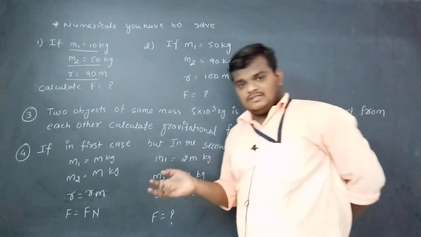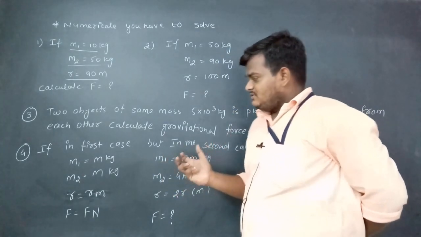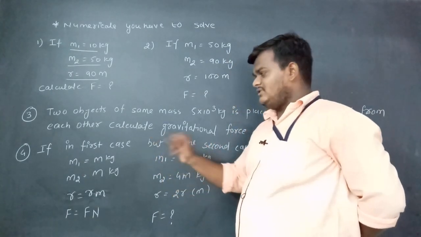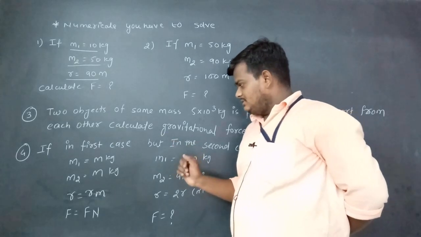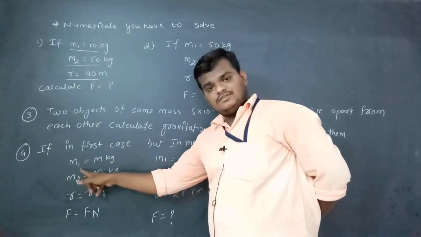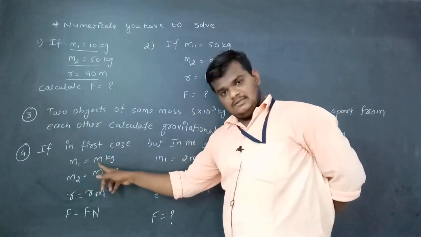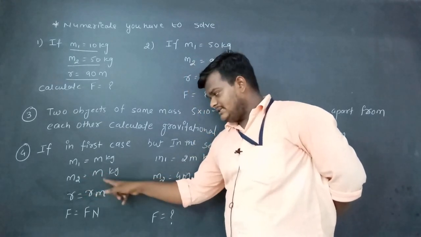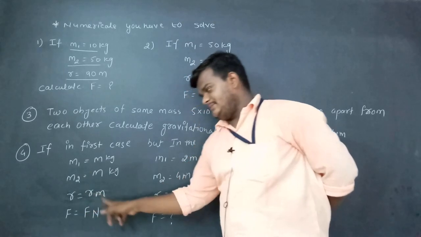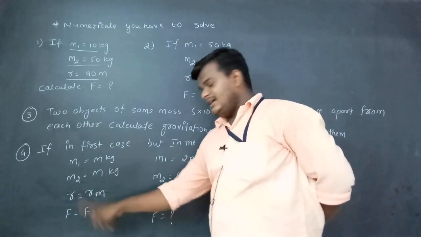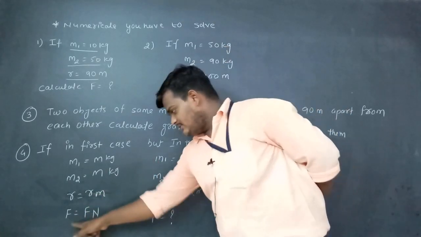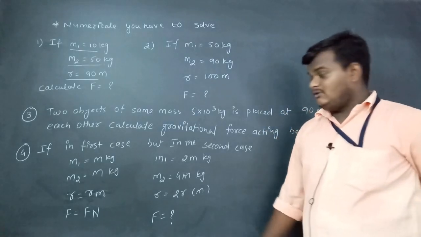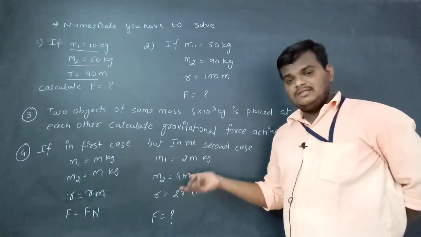Now the fourth question, and it is tricky. So first of all, think that in the first case, suppose mass of the first object is m kg, mass of the second ball is m kg, means both are the same, and distance is r meter. So in that case force will be F Newton. Now again I am changing the conditions.